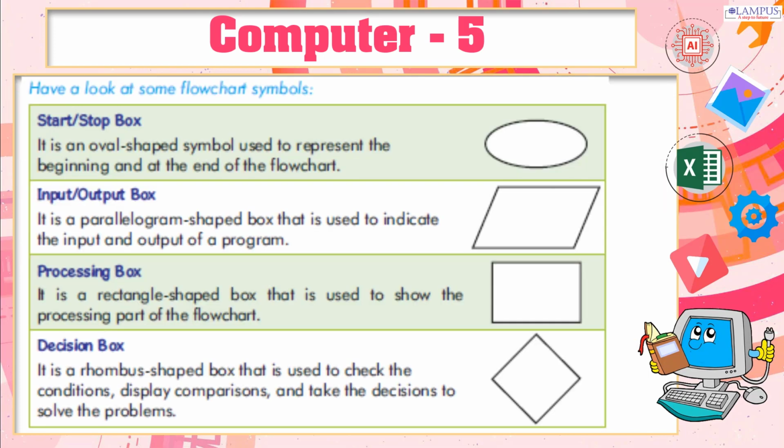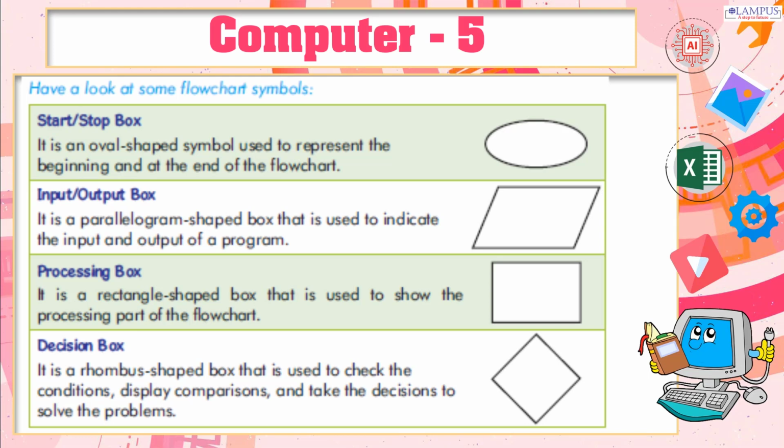Have a look at some flowchart symbols. Start, stop box. It is an oval-shaped symbol used to represent the beginning and the end of the flowchart. Input, output box. It is a parallelogram-shaped box that is used to indicate the input and output of a program. Processing box. It is a rectangle-shaped box that is used to show the processing part of the flowchart.